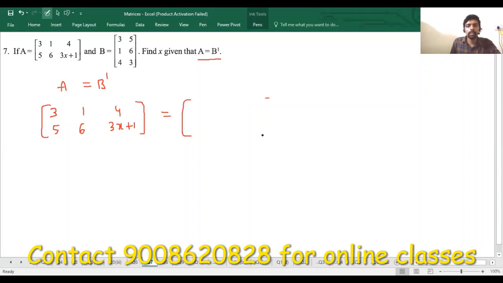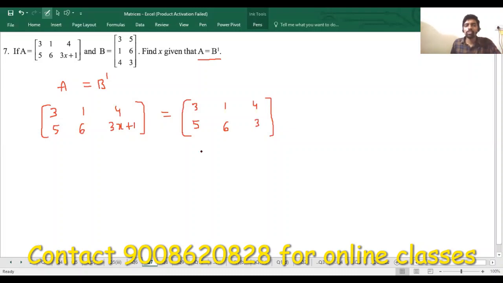So guys, here also please convert rows into columns. Here the first row is 3, 5, correct? Convert that into column 3, 5. Second row is 1, 6. Convert that into column 1, 6. Third row is 4, 3. Convert that into column 4, 3.